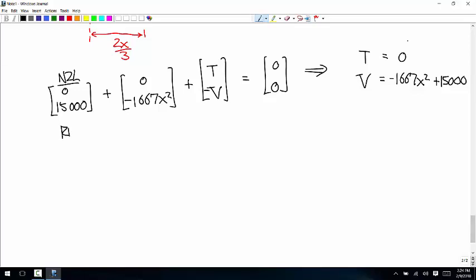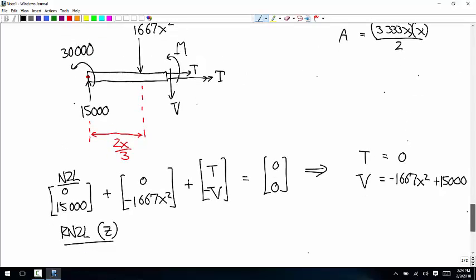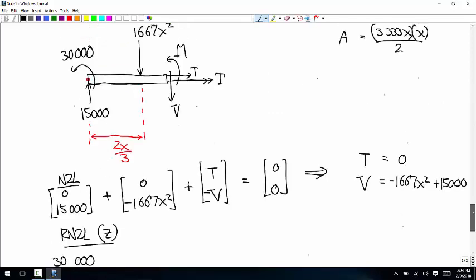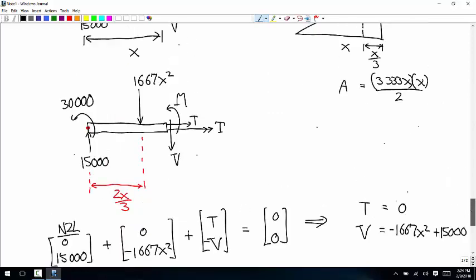And then the moment equation about the z-axis, we have the couple of positive 30,000, and we have the downward force of 1667x² with a moment arm of 2x over 3. And would that make it rotate clockwise or counterclockwise?